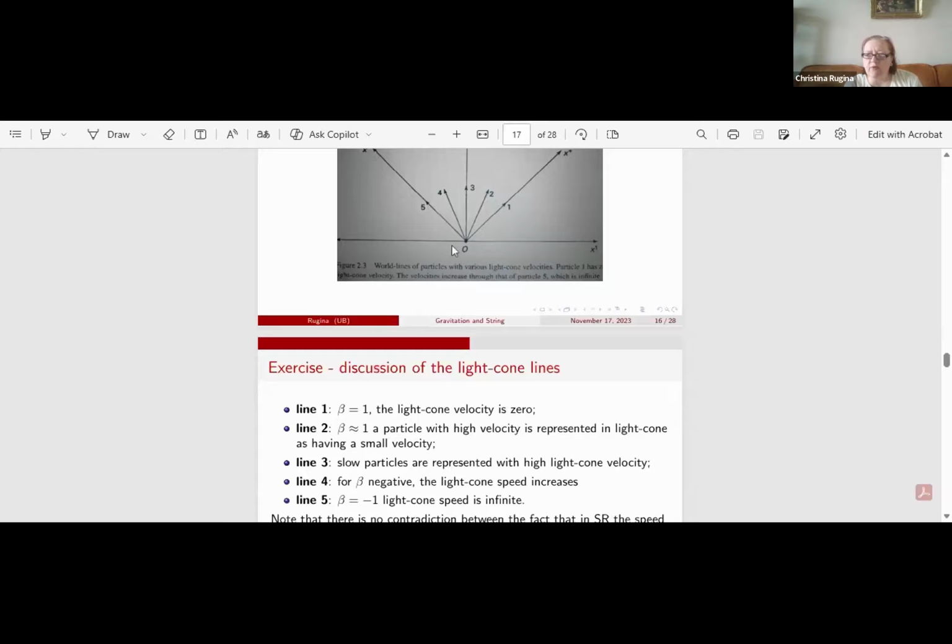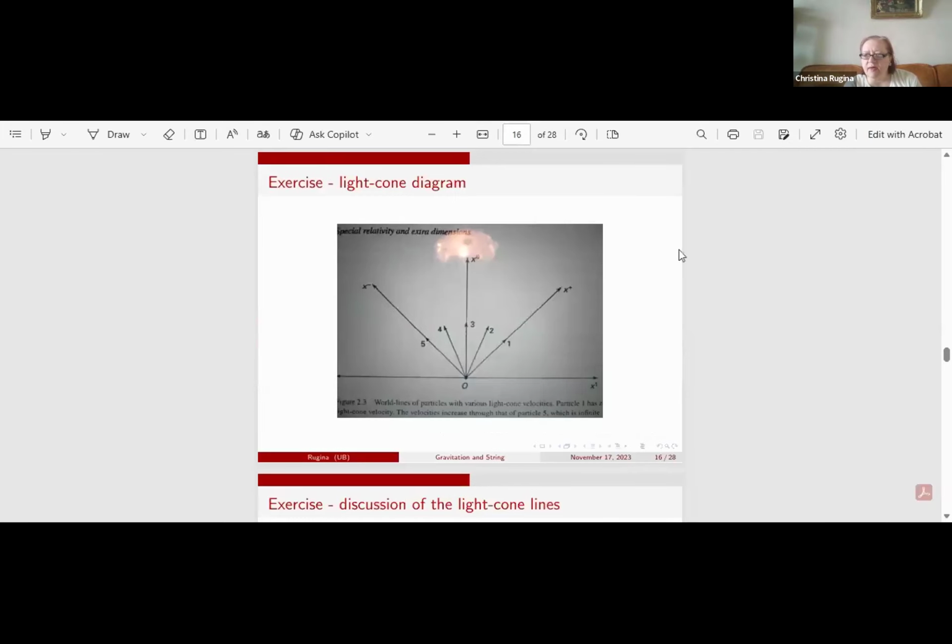Beta approximately 1 for 2, and 3 slow particles, because everything here is in light cone velocities. If you look at the graph, this is x plus, and this is x minus. The new axes instead of x0 and x1 are in light cone, rotated like that, and what they actually mean in terms of velocities.